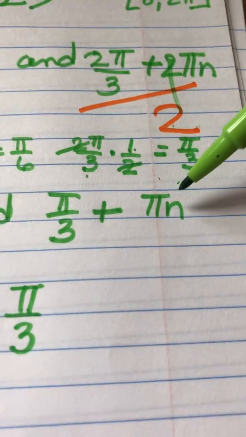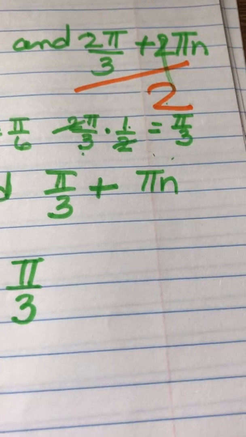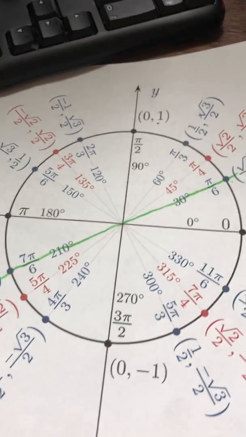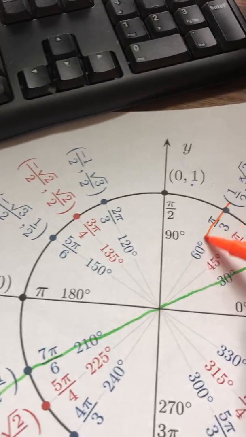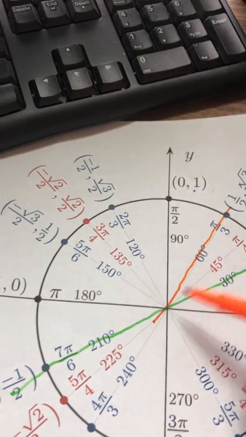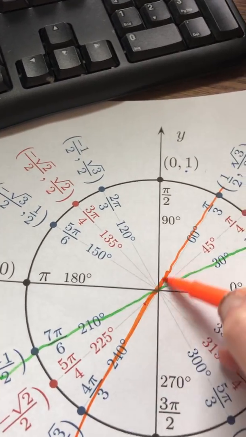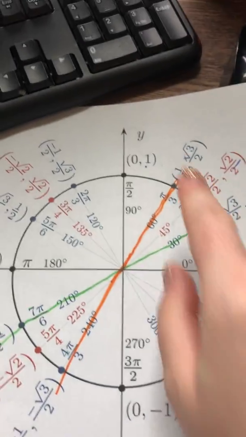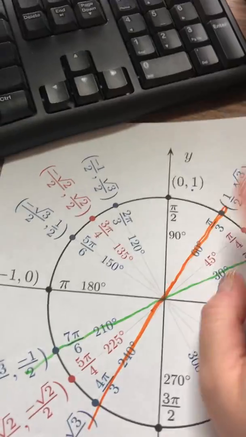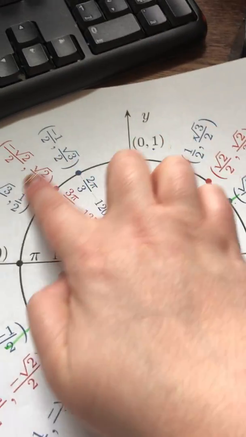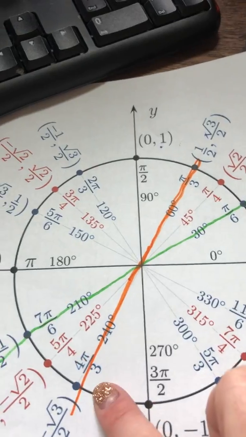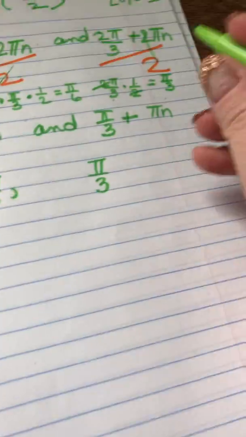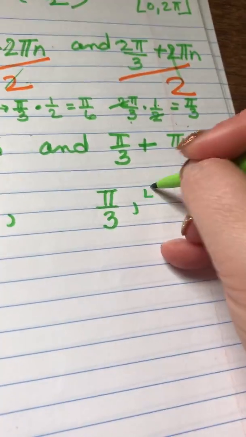Now let's plug in a 1 for this n. Pi over 3 plus 1 pi. Well, let's go looking for it. Here's pi over 3, and if I add 1 pi, or 180 degrees, pi over 3 lands on 4 pi over 3.